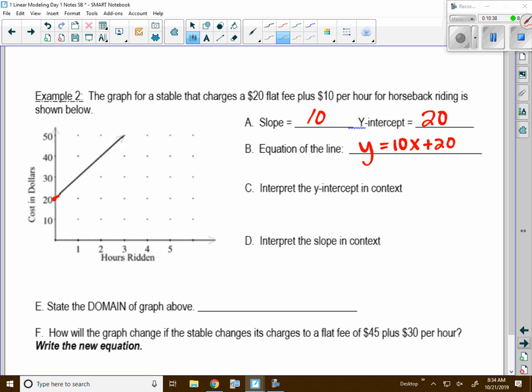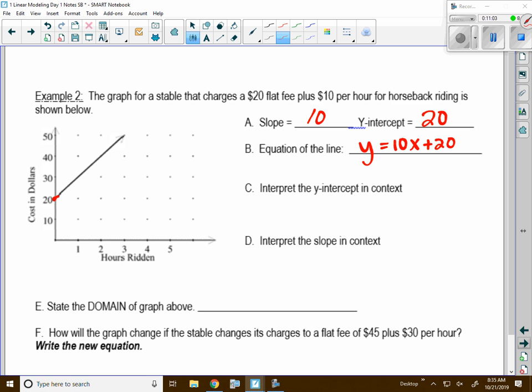So if you go for 0 hours, how much money are you going to pay? $20. So you're kind of like, why? But think about it. If you go to a business and they say, it's $20 to sign up, and then $10 every month. Maybe it's a gym membership. So you go to sign up at a gym and they say, pay $20 initially, and then you'll pay $10 every month.